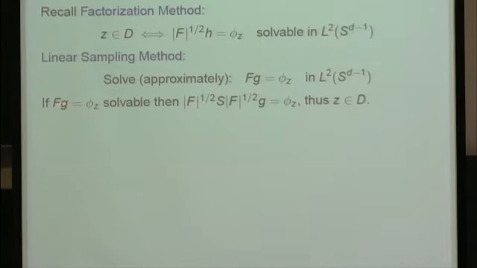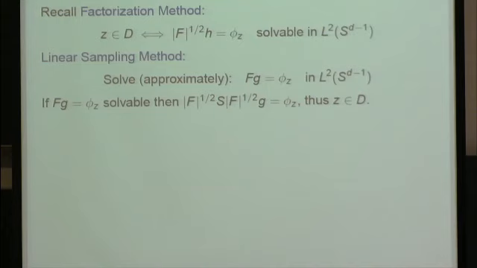Of course, if that is solvable, and if you plug in our factorization of f in this form, then you see that this is also solvable with this operator there. Just take that to be h. Therefore, phi z is in the range of that, and thus z is in D. But the other way does not work. If z is in D, then this does not have to be solvable.